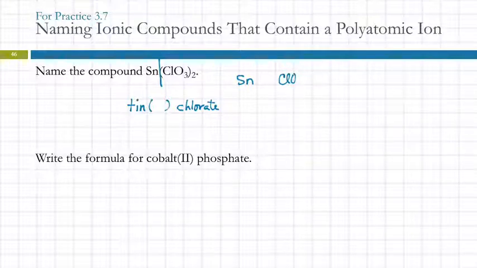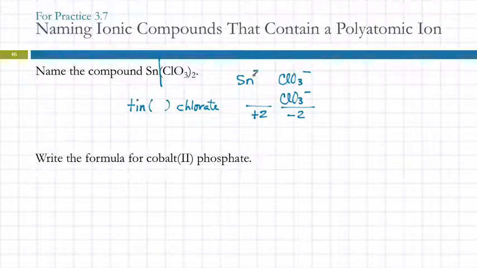That's perchlorate. Two perchlorate ions. They have a charge of -1 because you memorize it. So a total of -2 over here. I need a total of +2 over there. That tells me, because there's only one tin, that it must be +2, and so the Roman numeral is 2.